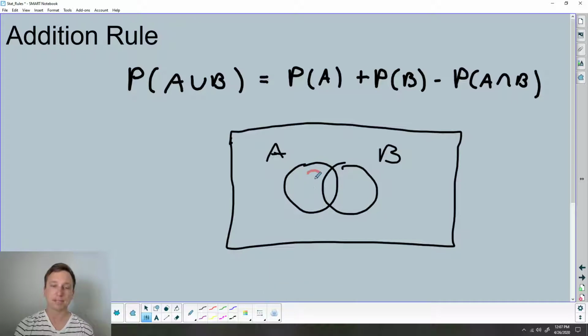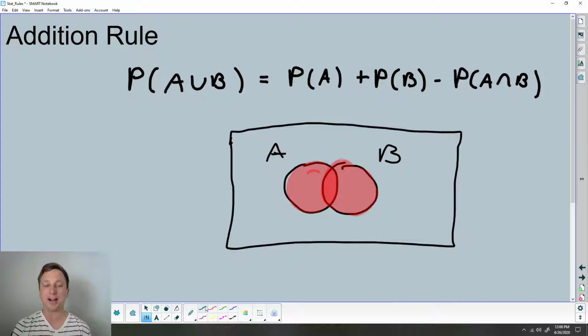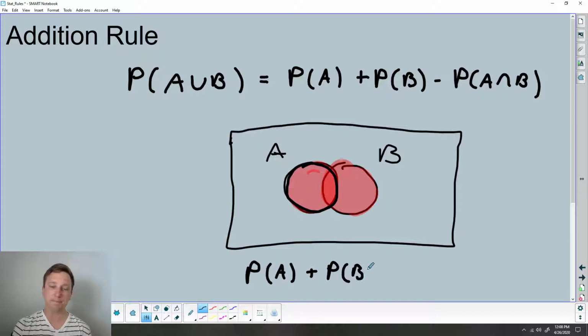So I shade all of set A, and I shade all of set B. If you look at that, what I shaded twice, and I did that intentionally, is the overlap. So if I want the probability of A union B, and it makes total sense looking at this equation, it doesn't come out of thin air, I take the probability of A happening, which is right here, and I add the probability of B happening.